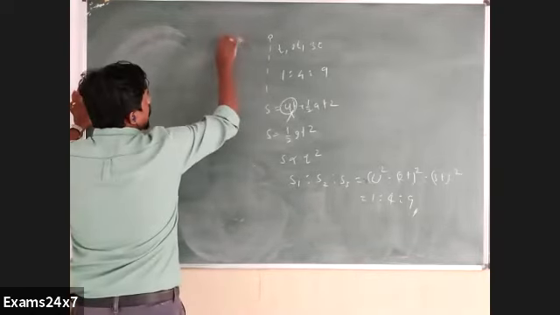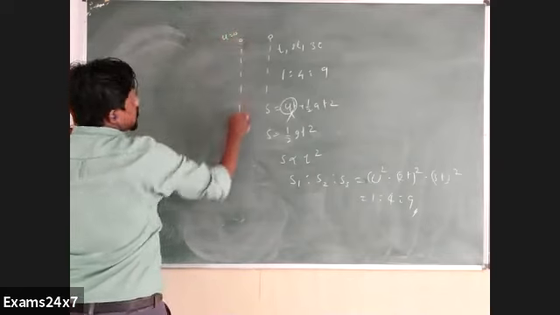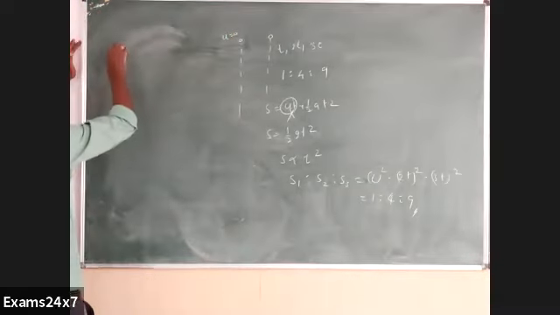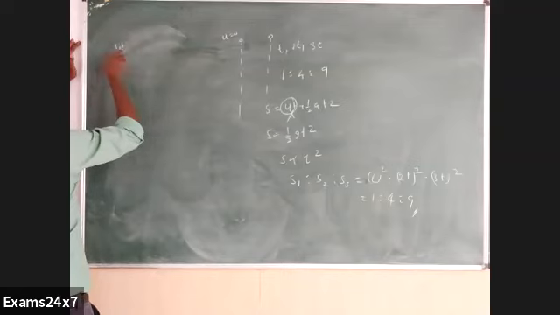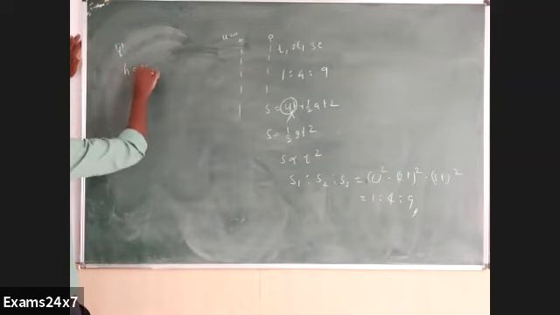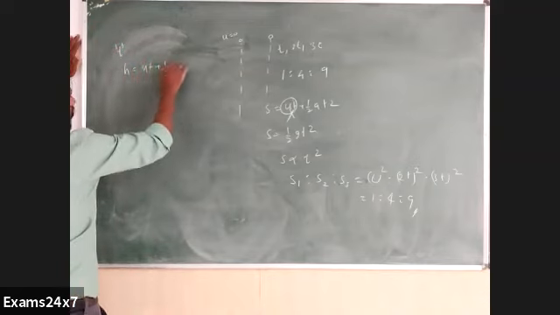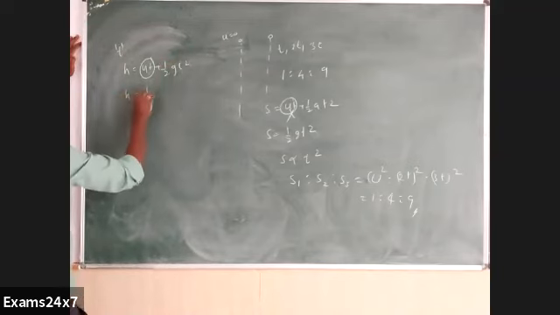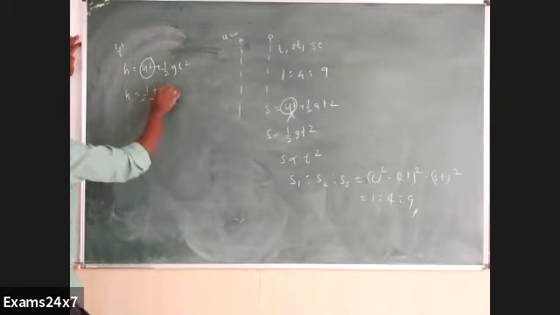Same case. An object is dropped from a height h. What is the displacement traveled in time t? h is equal to ut plus half gt square. u is 0. h is equal to half gt square.